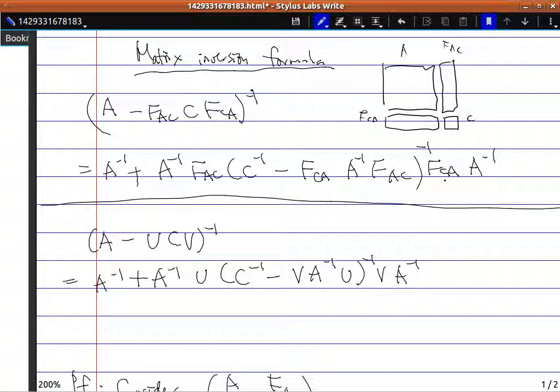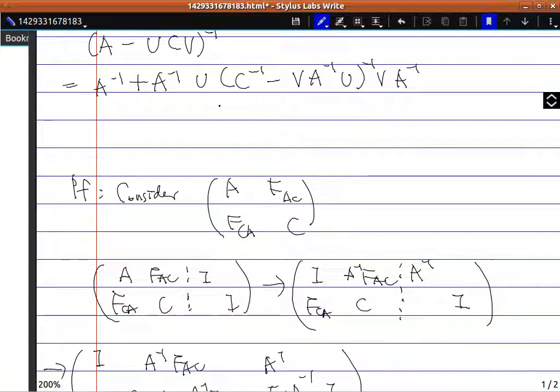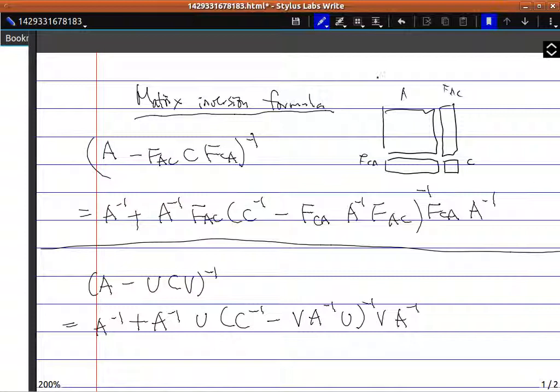Okay, I will quickly go through the proof, and there are a number of proofs for the matrix inversion formula. Of course, the most straightforward one would be simply multiplying this thing by this thing. You can show it this way, but a much more intuitive proof, though not the shortest, and easy to derive and remember, is to consider the matrix composed of A, F_AC, F_CA and C, just as I did here.